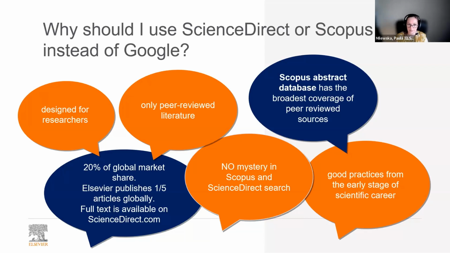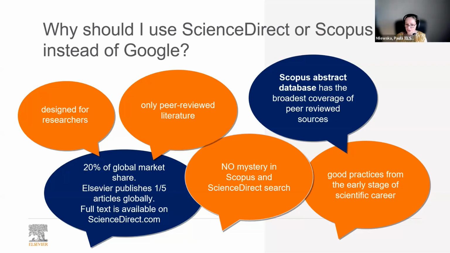First of all, please remember that both solutions, ScienceDirect and Scopus, were designed for researchers, especially based on researchers' needs. And if you look at the content of it, only peer-reviewed literature is inside. So if you're opening ScienceDirect or Scopus, only peer-reviewed literature will be there.